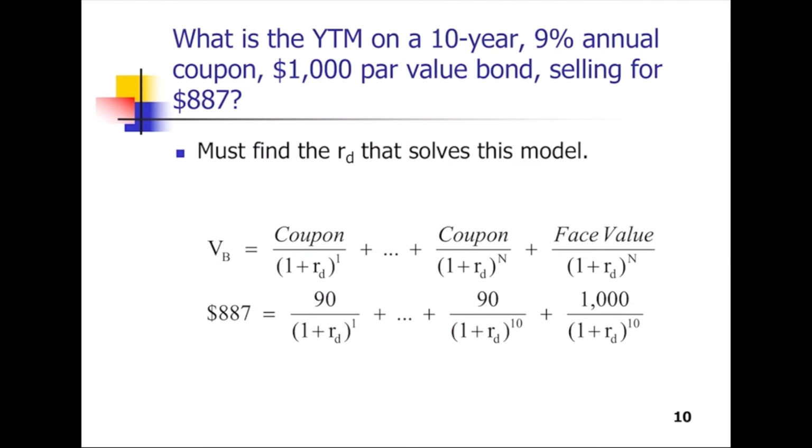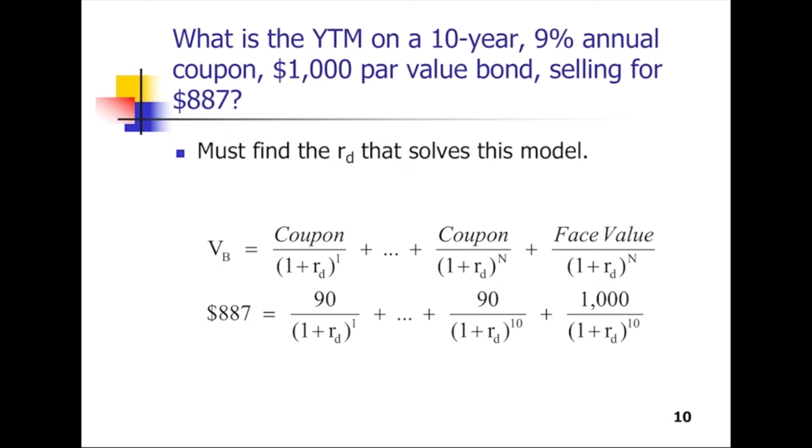As I mentioned before, the RD, the discount rate, has many names, so students may find it difficult to understand. So let's make it clear together. In this example, what is the yield to maturity on a 10-year, 9% annual coupon, 1,000 par value bond selling for 887?